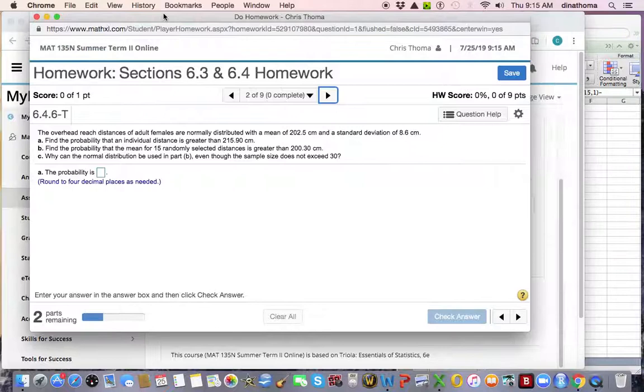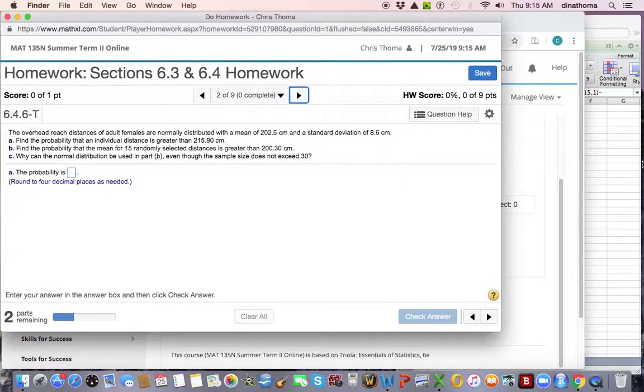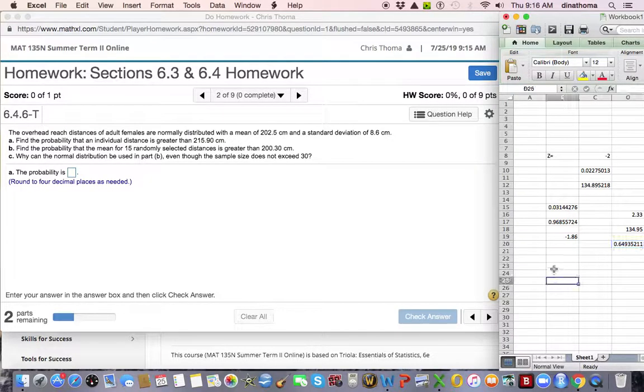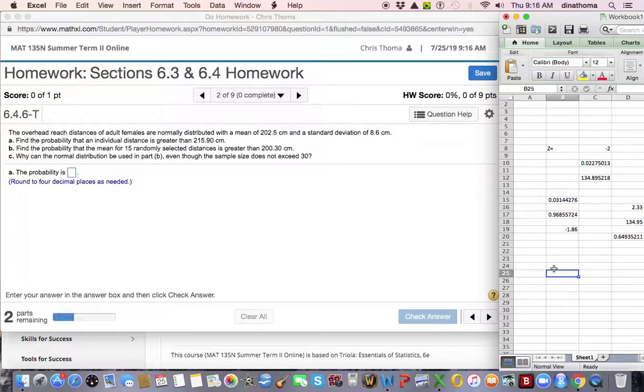6.4 is the central limit theorem. The only difference with the central limit theorem and everything that we have been doing up to now in the video is we've randomly sampled one thing. Central limit theorem says if I take samples from a normal distribution or any distribution, as long as I take a large enough sample, typically larger than 30, the distribution of my sample means will always be normally distributed around the population mean, so whatever the mean is.